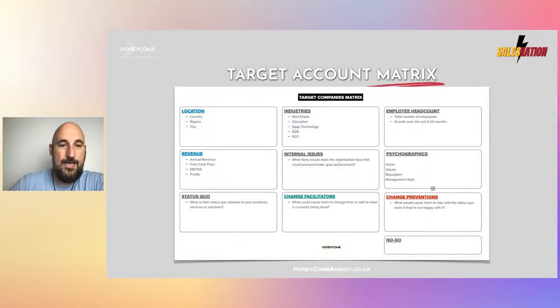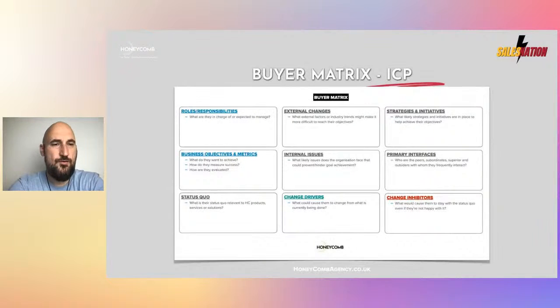Next, after we have the company, of course, we need to know who's the decision maker in there. So we have a buyer matrix or an ICP. And since we know that we're in B2B, and especially in tech, you have on average 8 decision makers, we know in the back of our minds we need more than one matrix or ICP.